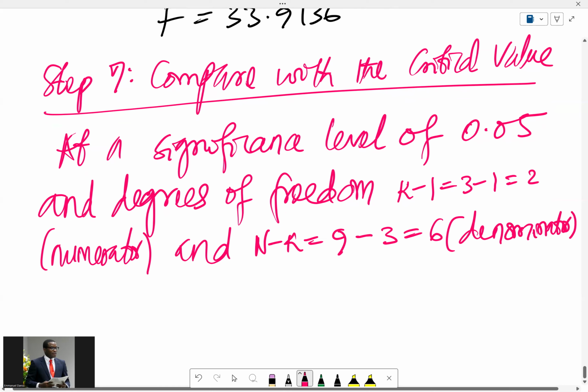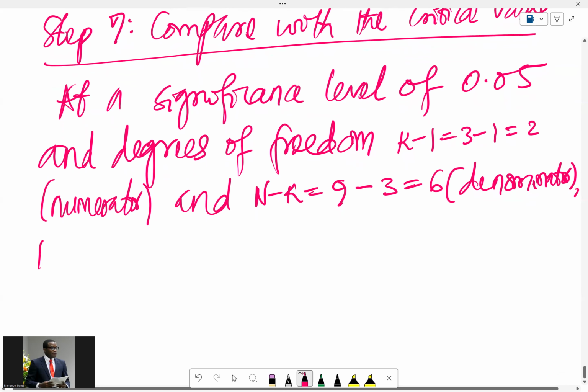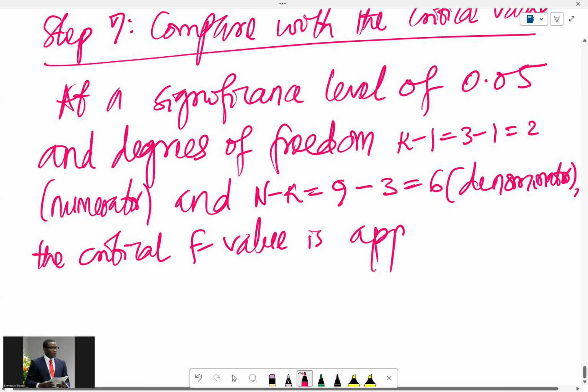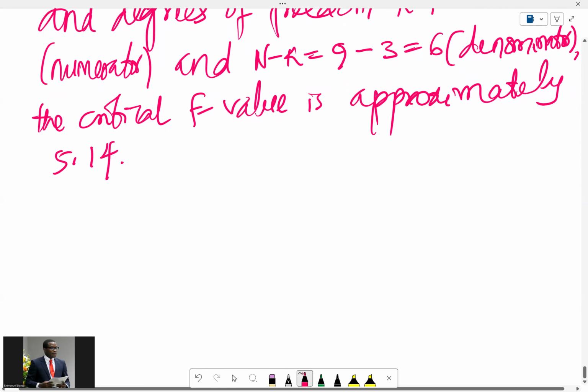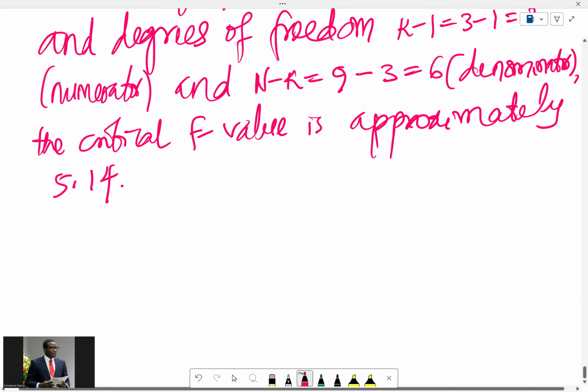The critical F value, if you use your F distribution table, is approximately 5.14.